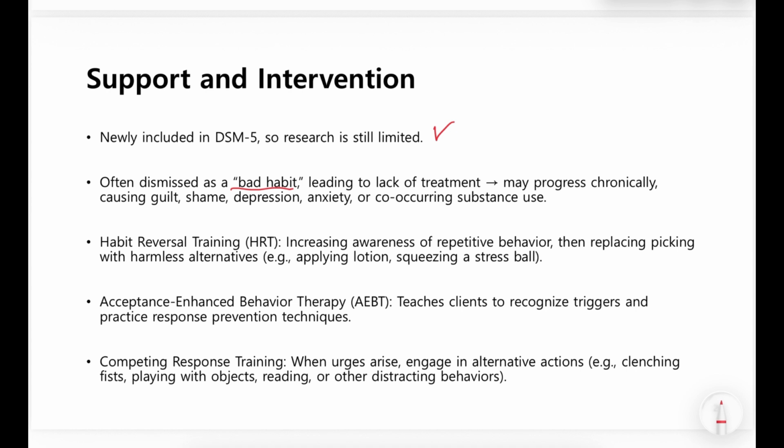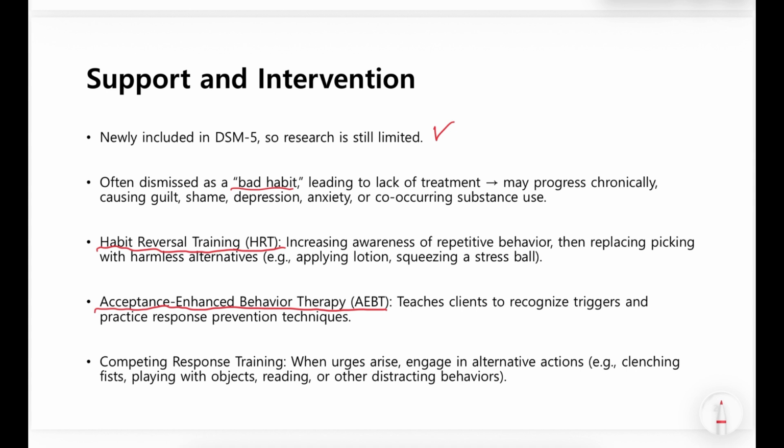One of the most effective approaches is habit reversal training. This involves increasing awareness of the repetitive behavior and then replacing skin picking with harmless alternatives such as applying lotion or squeezing a stress ball. Another approach is acceptance enhanced behavior therapy, which helps clients recognize their triggers and practice techniques for preventing responses.